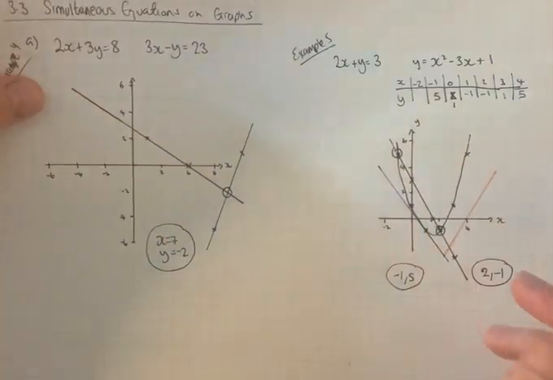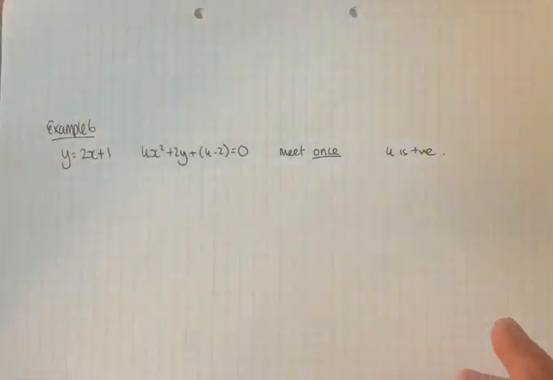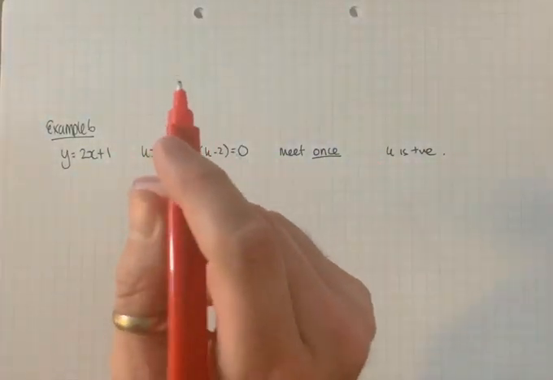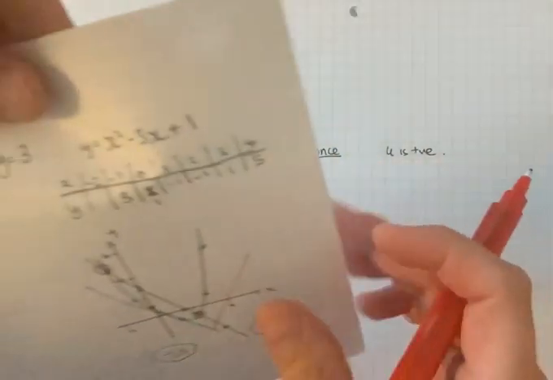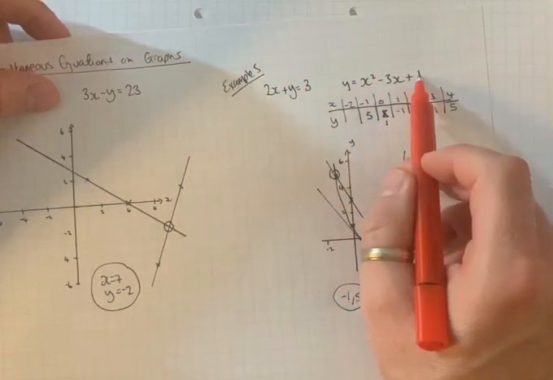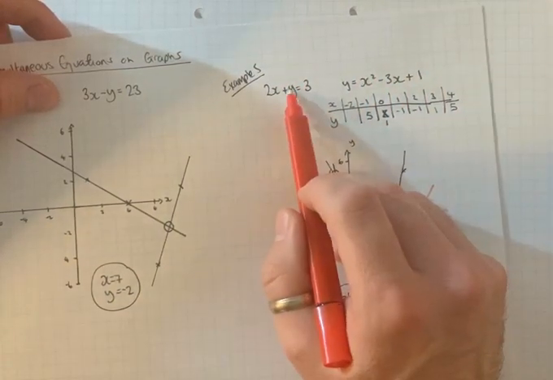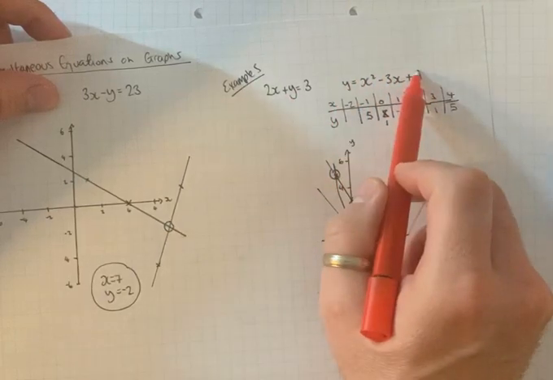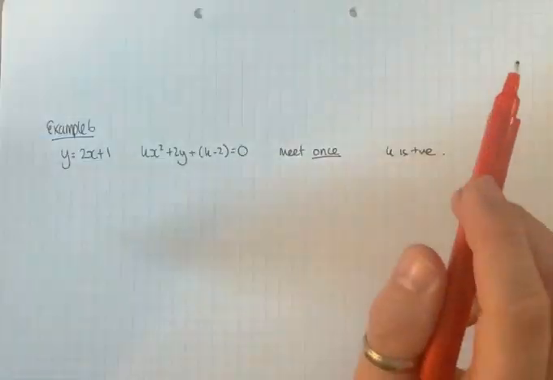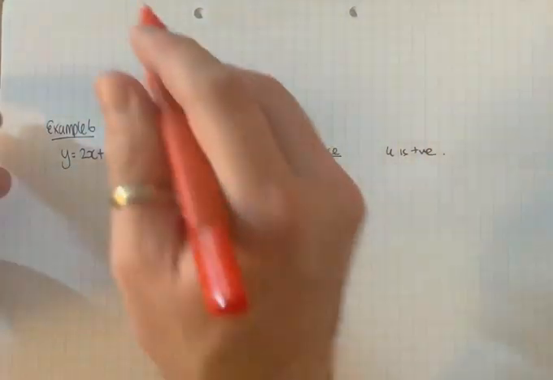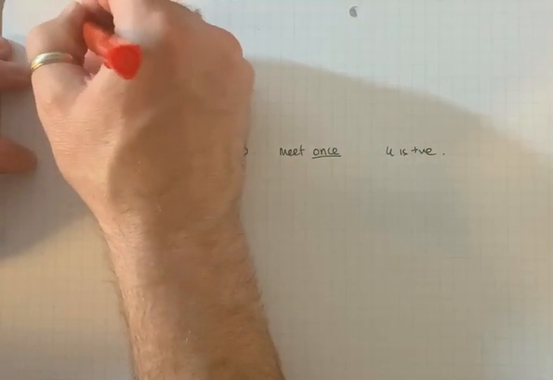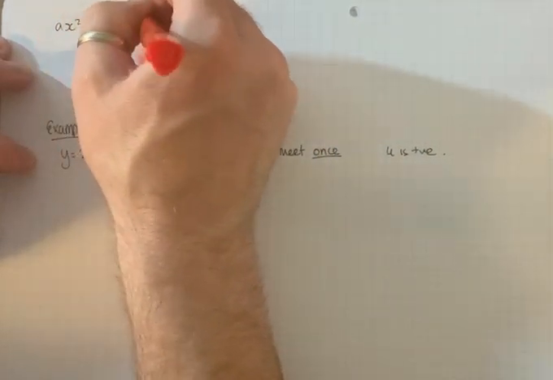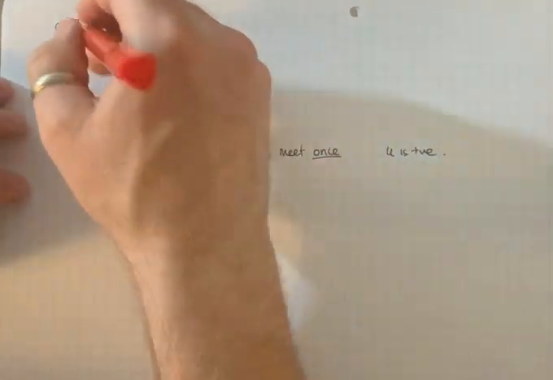And in order to work that out, I can use the discriminant. So when you've got a linear equation and a quadratic, you need to eliminate y, so make y the subject of the linear one and substitute in, get rid of the y from the quadratic, make the quadratic equal to 0. So you've got an equation of the type ax squared plus bx plus c is 0, and then you work out the discriminant again.